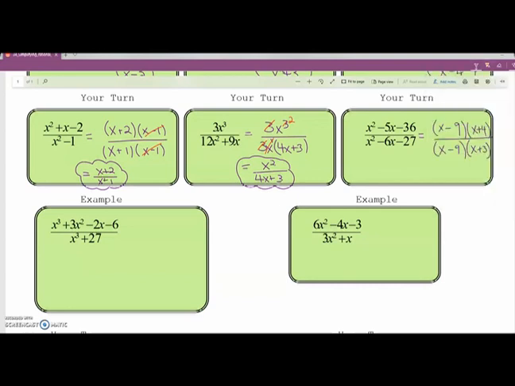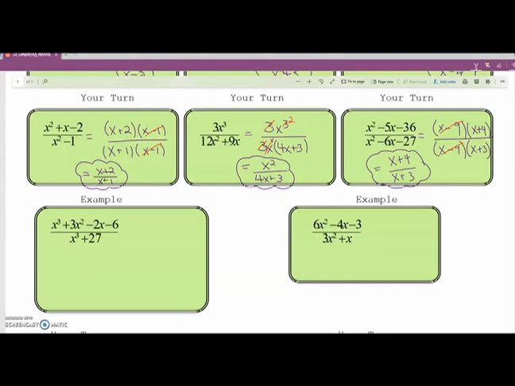Cancel your common factors. X plus 4 over x plus 3. Cannot cancel the x's because those are not products, those are sums.